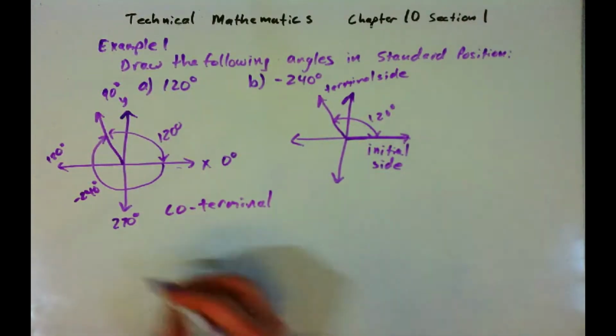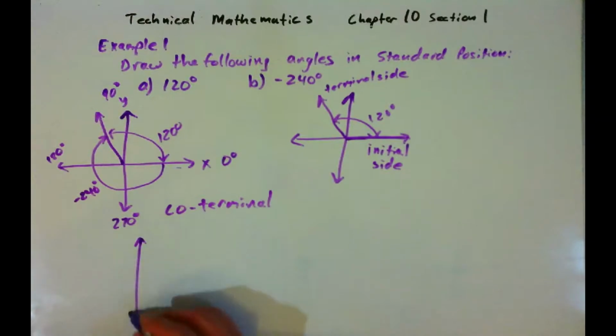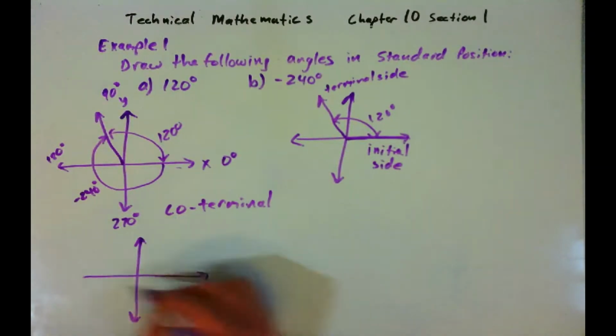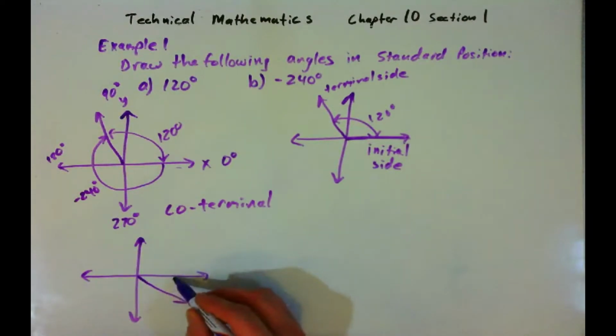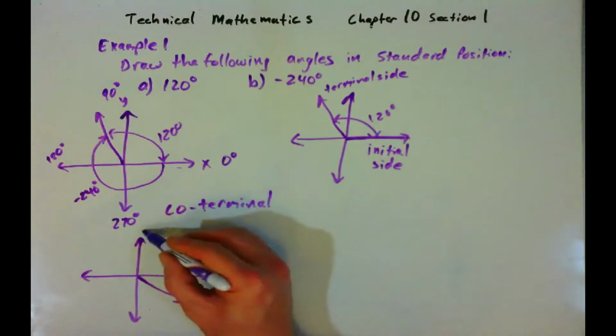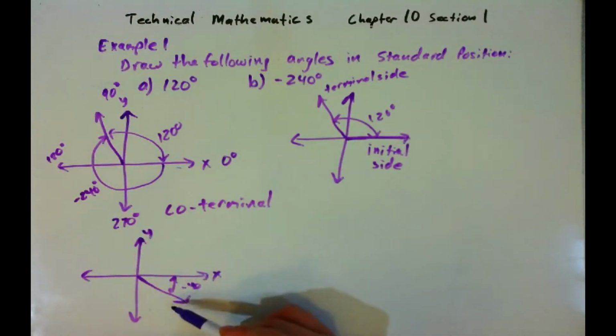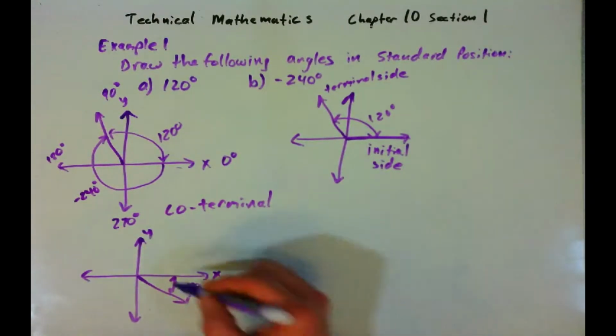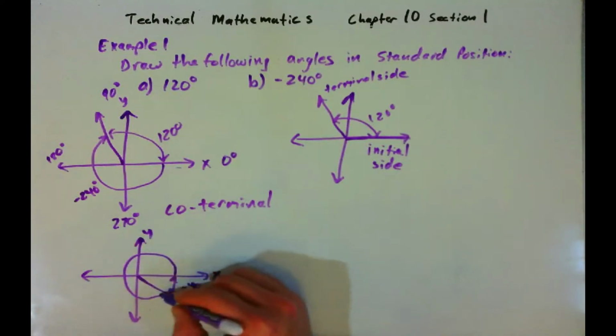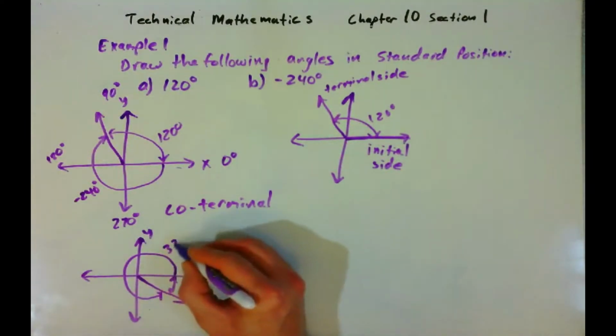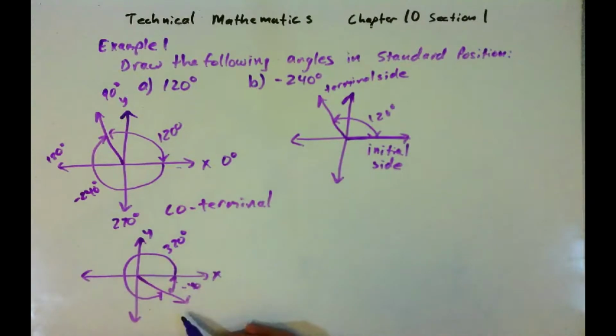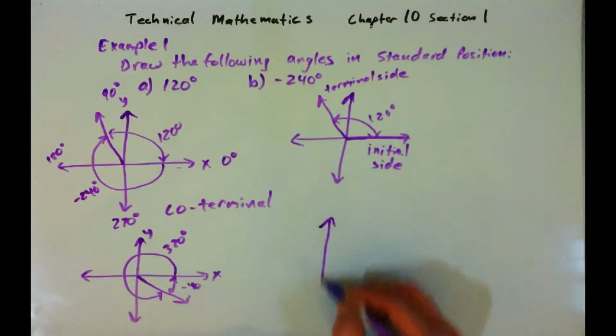Let me give you some more examples. For example, negative 40 degrees, which started at the positive x-axis and rotated clockwise because it's a negative angle. Negative 40 degrees and positive 320 are coterminal because they share a terminal side. Let me give you one more example.